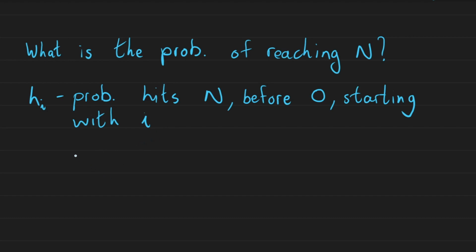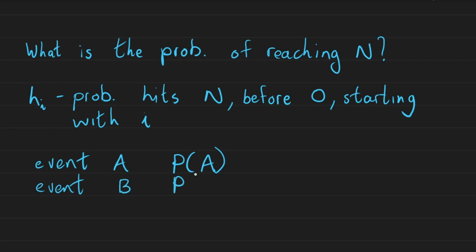So let's just remind ourselves of the multiplication rule. If we have event A happening, with probability P of A, then given that A occurs, event B happens with probability P of B given A. We have this line and this A to represent that event B occurs only if event A occurs.